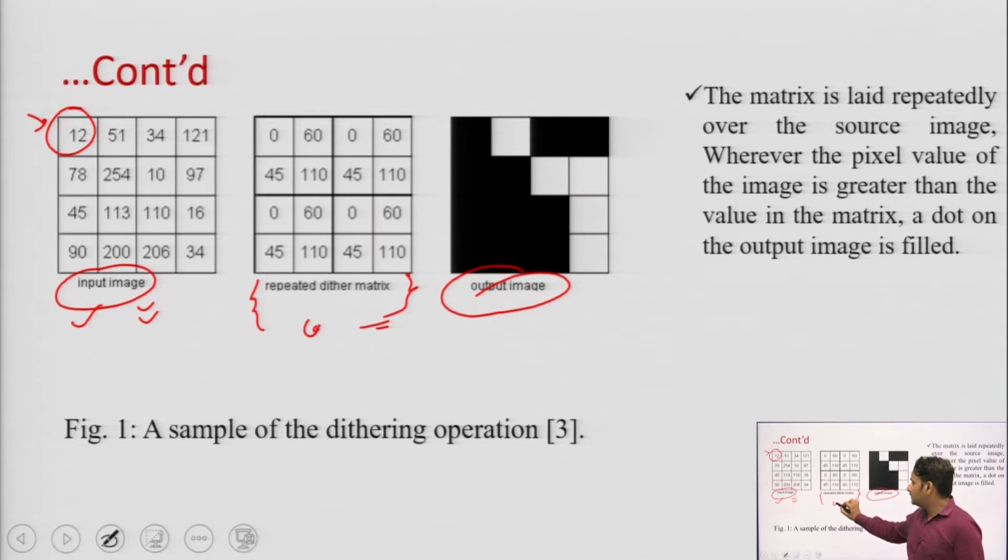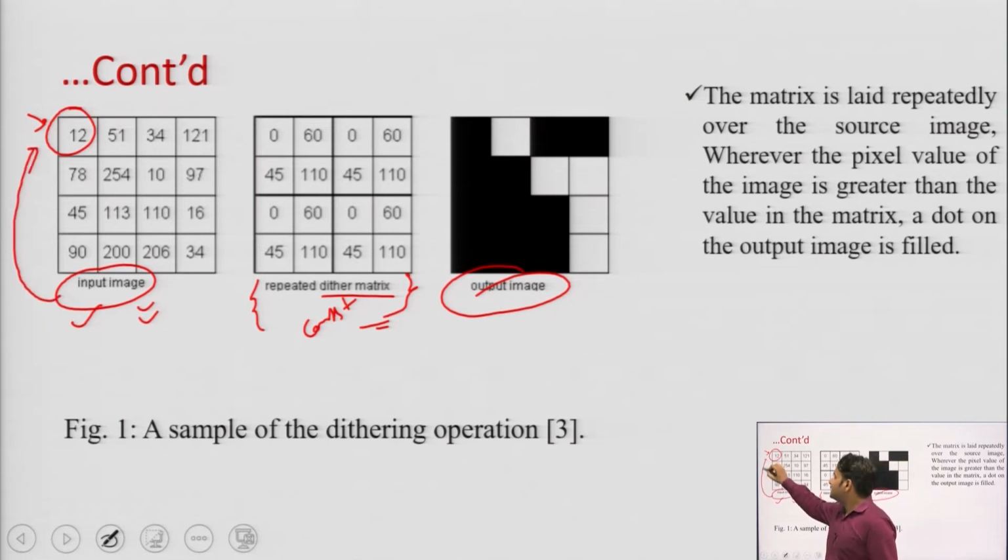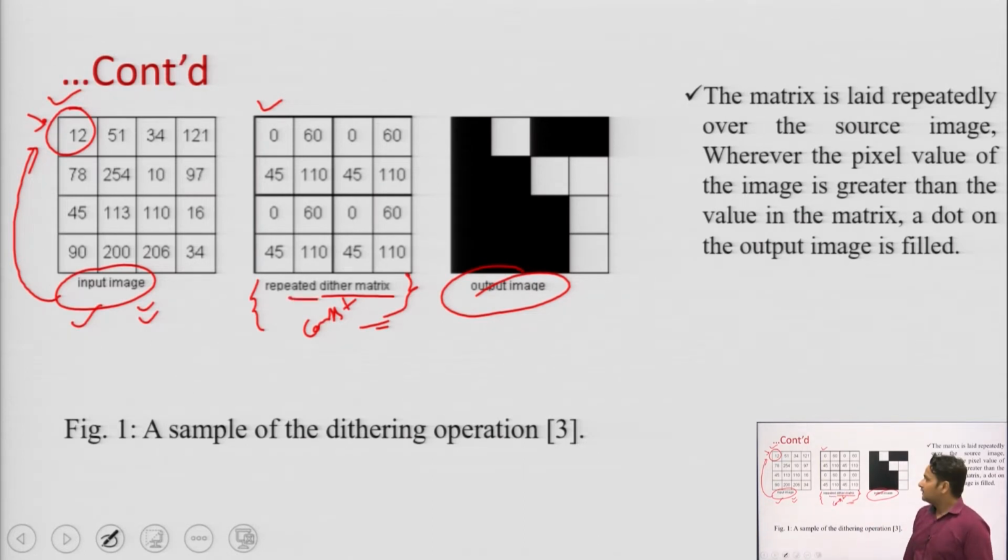It is a constant matrix, which is why it is known as the dither matrix, and you have to use it repeatedly. If a pixel of your input image has a higher value than the dither matrix, then it will generate the black portion. Now see, 12 is higher than 0, so it will generate a black portion.